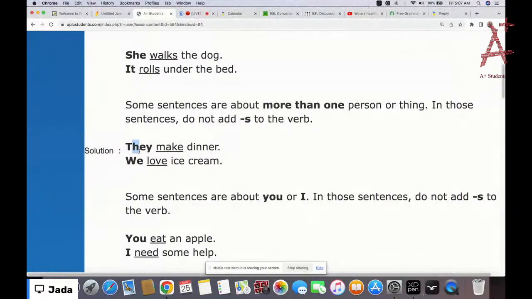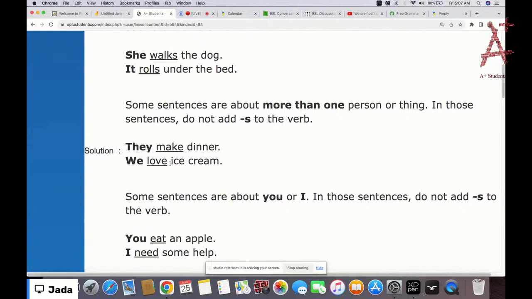Now we have they. This is referring to more than one. We don't know how many exactly, but it says they. They make dinner. Since it's they, it's more than one, so the verb make will not have an s. We love ice cream.